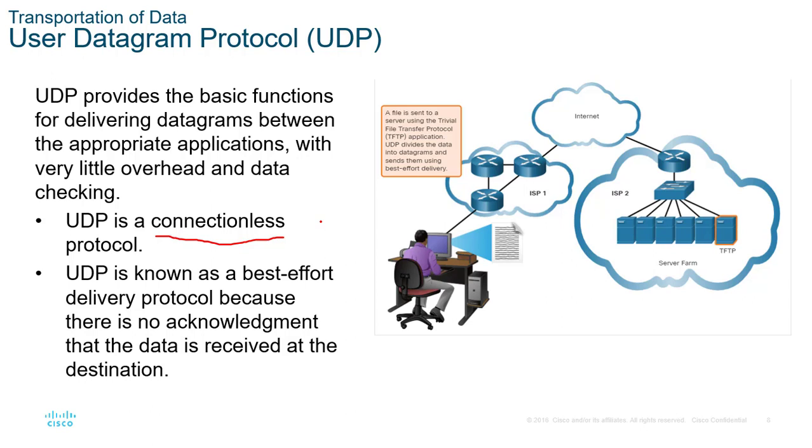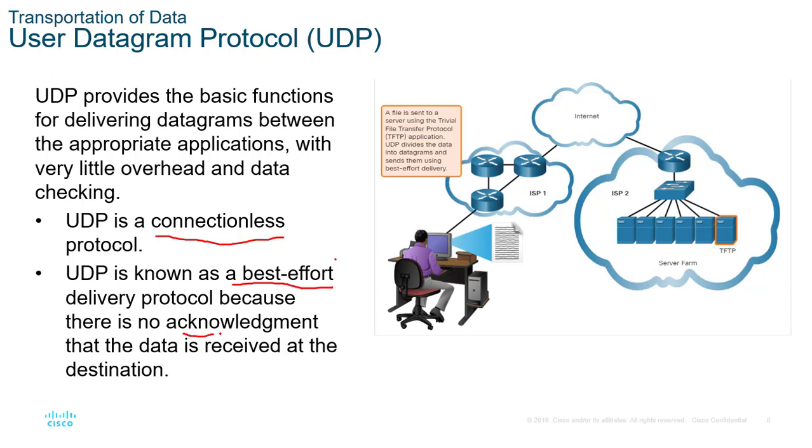So what we talked about with the transmission control protocol and providing flow control and error control, those are considered connection-oriented services, guaranteed delivery of service, and guaranteed delivery of packets between the hosts. UDP is connectionless and does not guarantee delivery. It's a best effort delivery protocol.